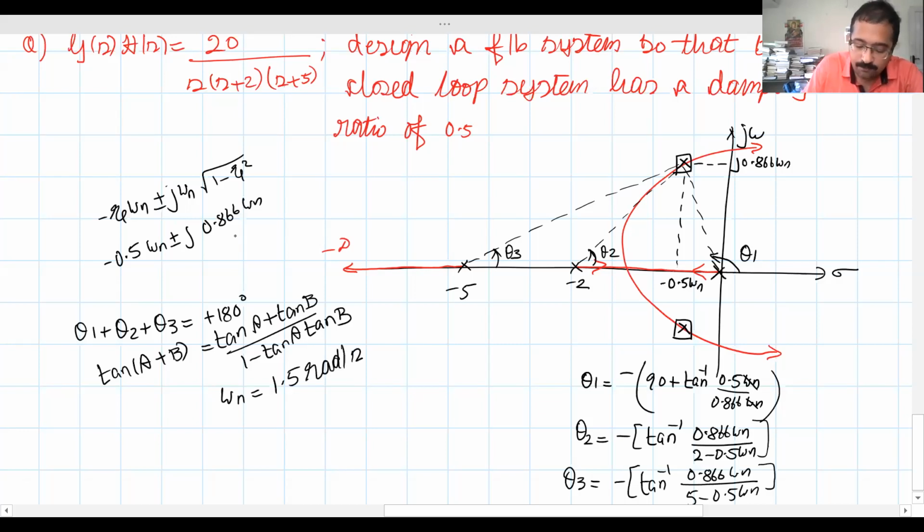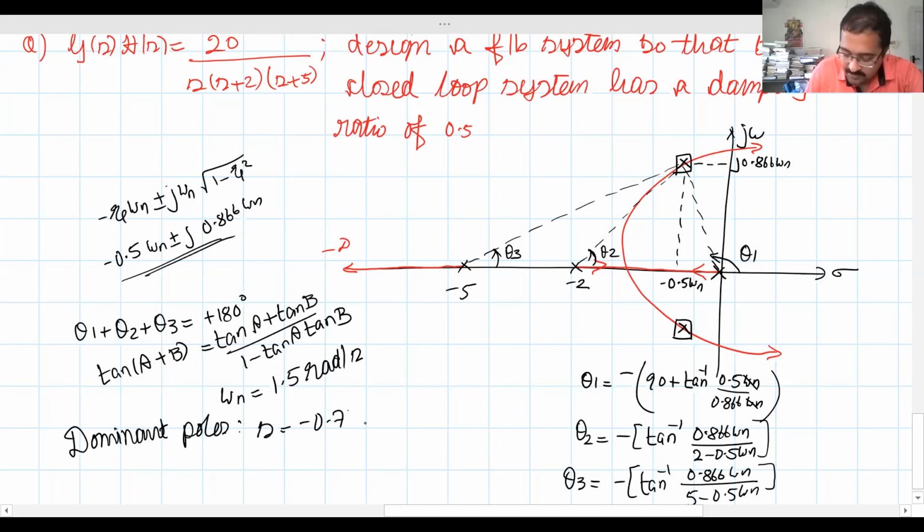So what will be the dominant poles? Just substitute the omega n value here. Dominant poles will be at s equal to minus 0.75 plus minus j 1.299. Now how can you find the gain K at that point? Using the magnitude condition. What's the magnitude condition?